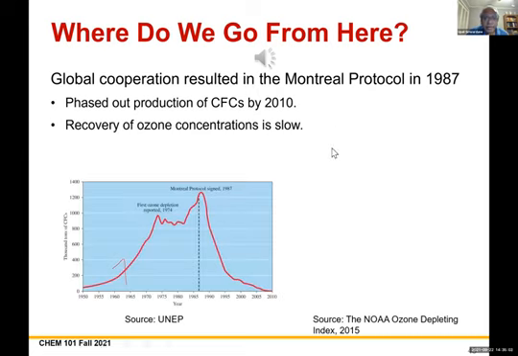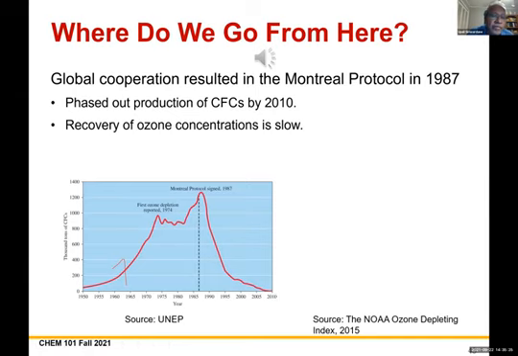So this is 1985, 87 in this region. So you are here in 2005. So 2010 here. What is this graph?